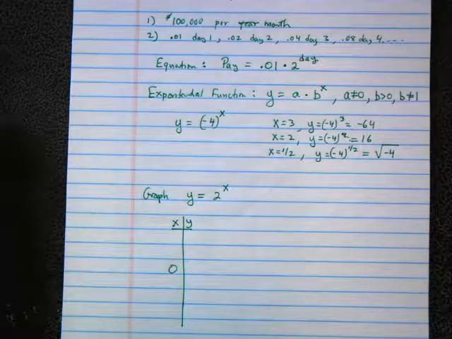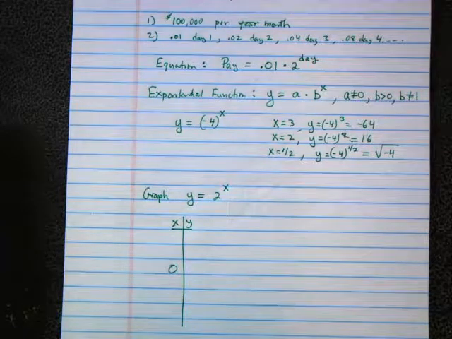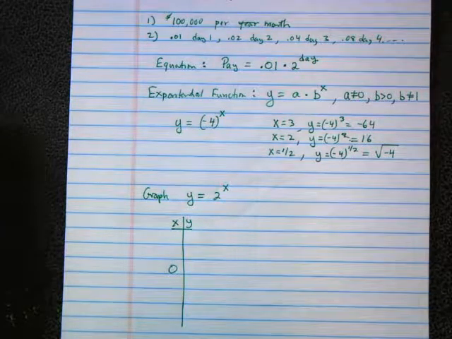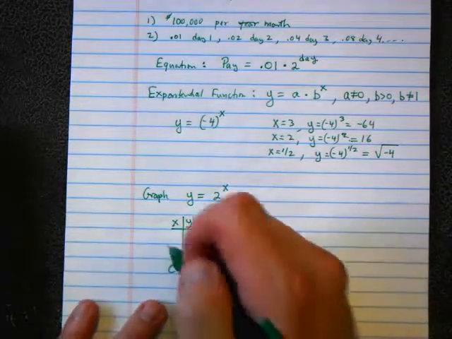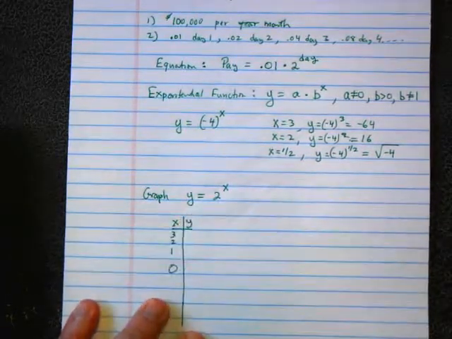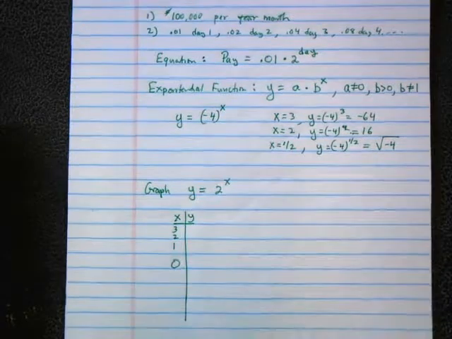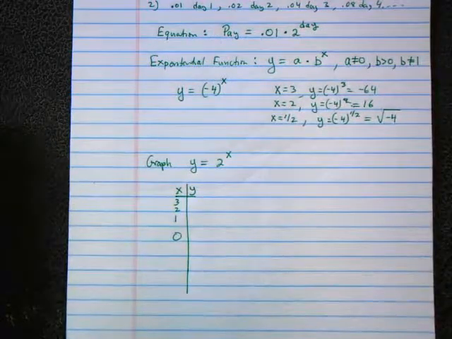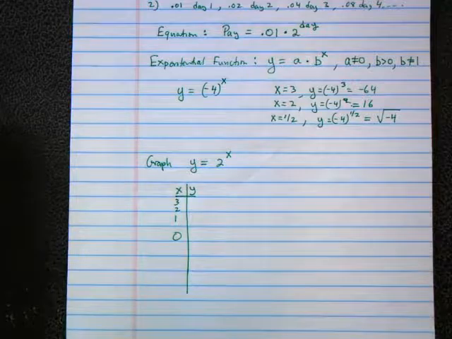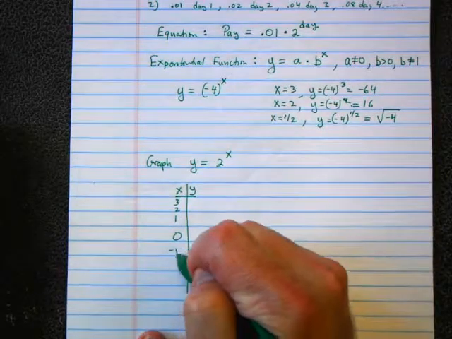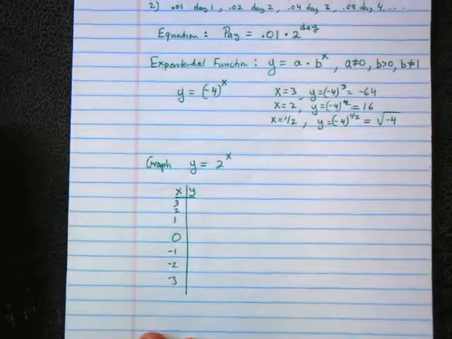We would probably plug in a couple of our favorite positive numbers. What's a couple of your favorite positive numbers? 1, 2, and 3. Let's start with some small ones that start easy. And then we'll plug in a couple of our favorite negative numbers: negative 1, negative 2, and negative 3.